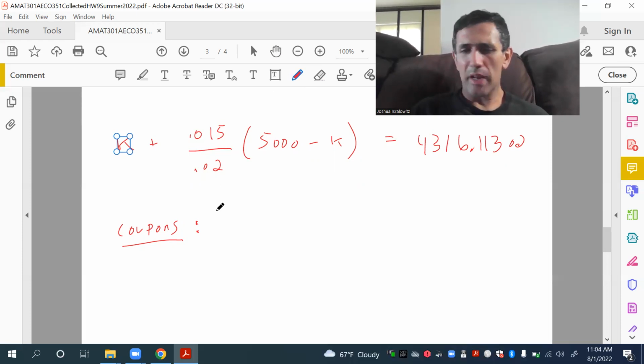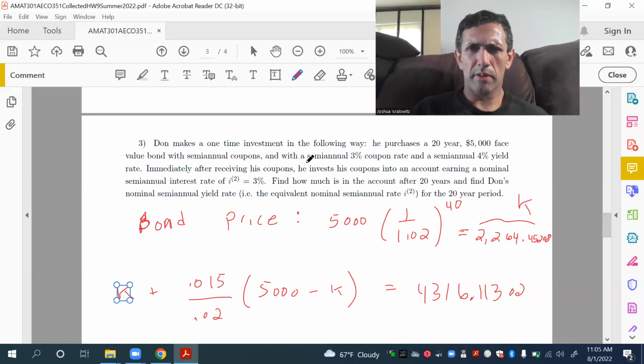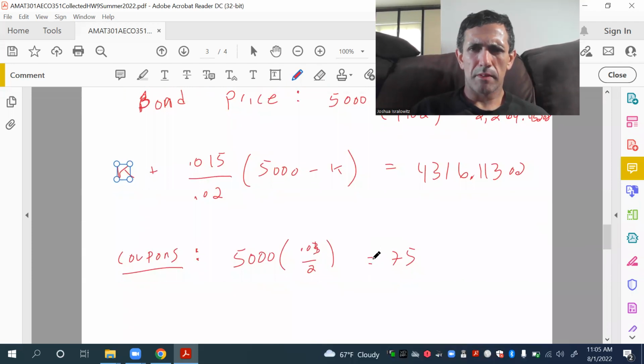Anyway. All right, so the coupons are 5,000 times 0.03 over 2, 0.015. So that's going to be 75. That's the coupon rate times face value. Okay, so accumulated value of coupons.